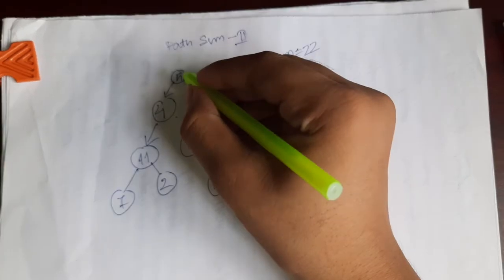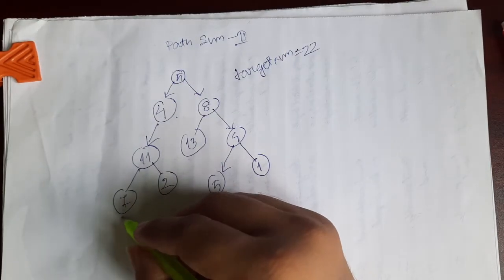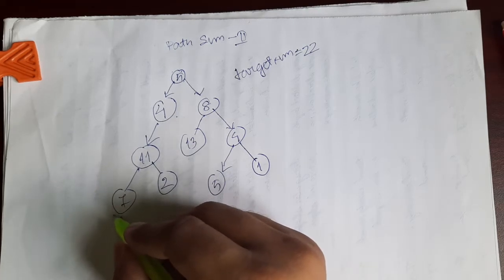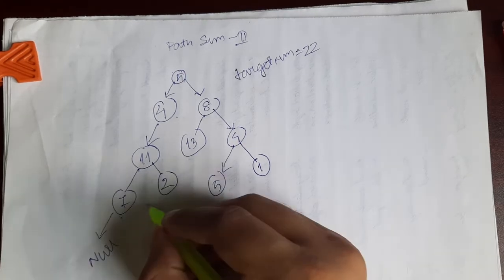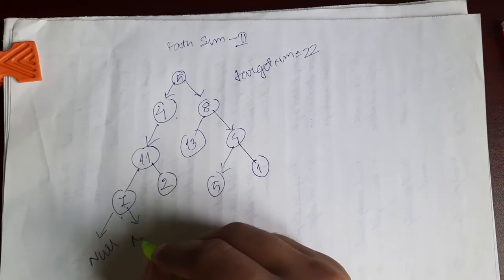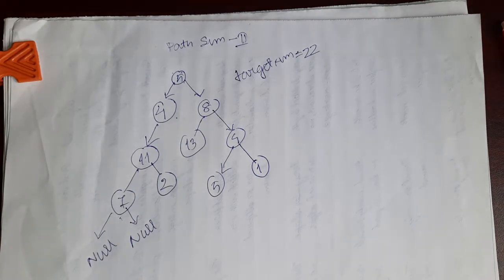That means that from root to a leaf is the last node where after that there is no node. So the left node is also null and the right node is also null. So at that point when the left and the right node of a node is null, then we call this a leaf node.